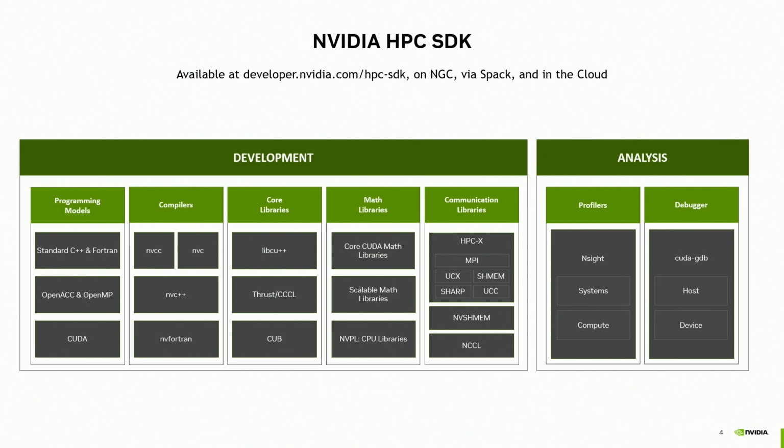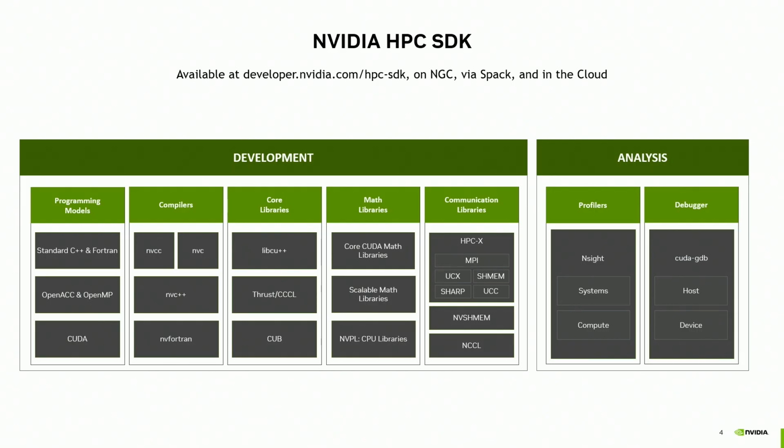The HPC SDK supports all of the programming models that you can see here, which I'll be discussing in the next slide. And it also provides 4 compilers, which maximize the performance both for CPU and GPU applications, support x86, ARM, OpenPower CPUs, so you can use them anywhere.